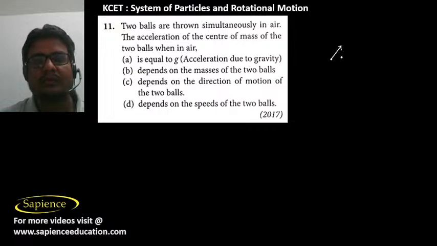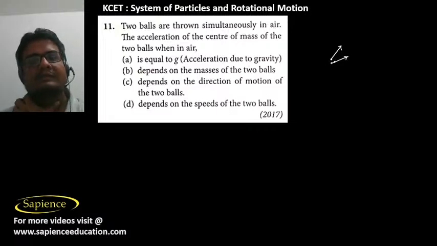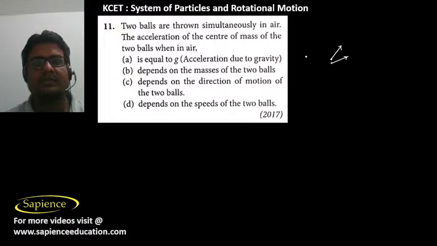So one ball is thrown like this and another ball is thrown like this. When they are in air, their center of mass also will be in the air only.